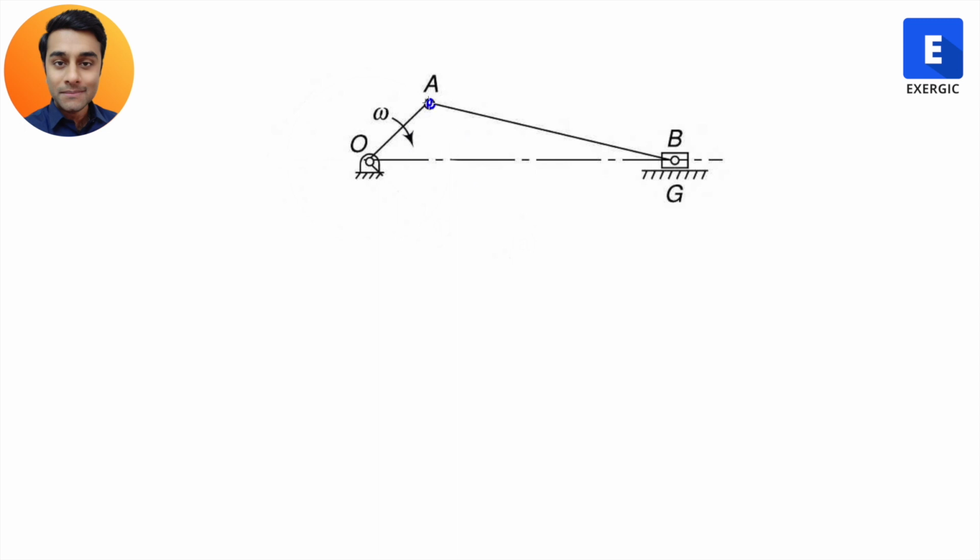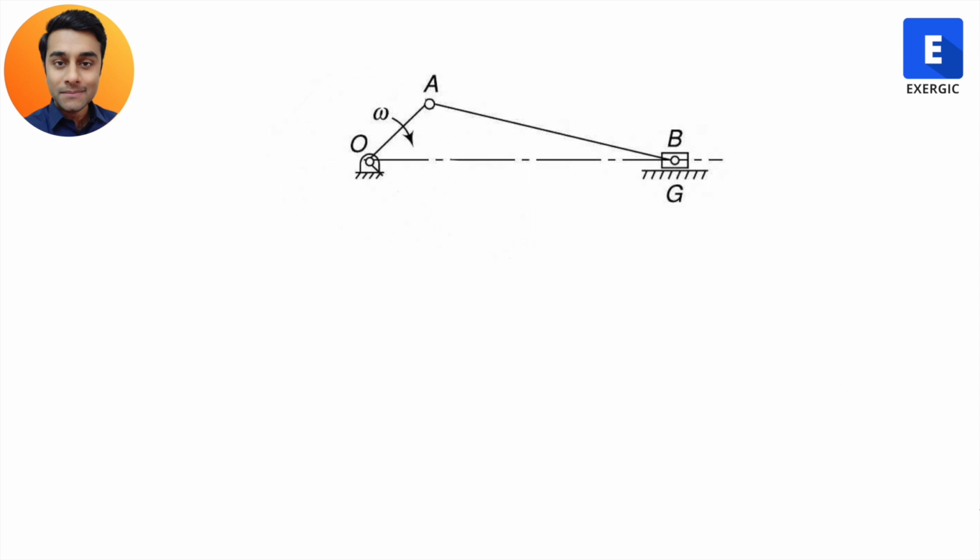Then the velocity of point A is going to be in this direction, correct? And how will it be oriented? Will it be oriented like this or like this? You can simply determine the direction of that velocity vector of point A by drawing a line perpendicular to OA, right? Because in that direction only it has to lie.